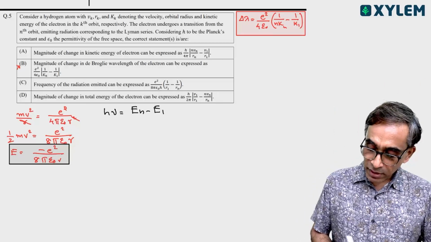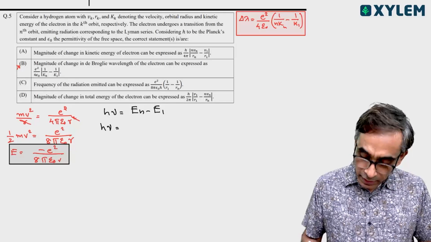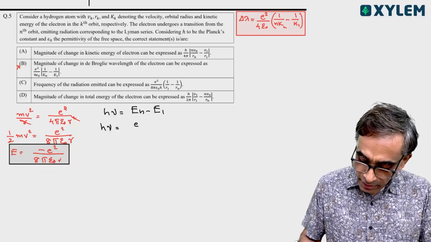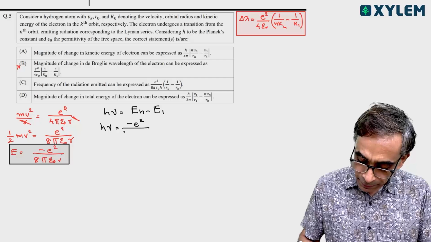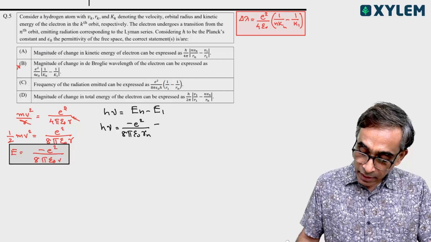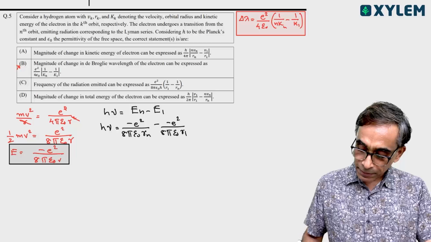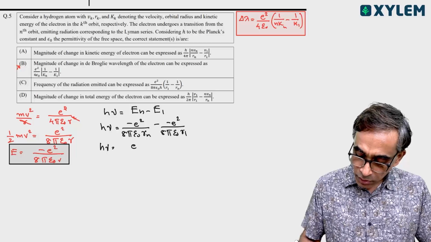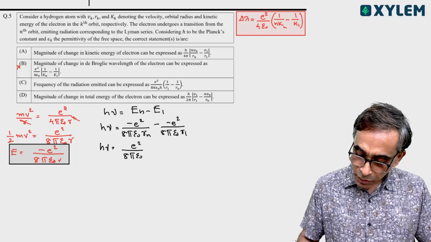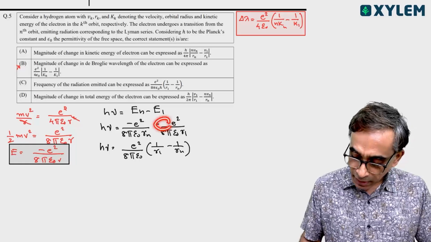Okay, we want the frequency. h nu equal to, in this term, which has the common terms, En means minus e square divided by 8 pi epsilon 0 Rn, minus, minus e square divided by 8 pi epsilon 0 R1. h nu equal to e square by 8 pi epsilon 0 bracket 1 by R1 minus 1 by Rn, because this minus and minus become plus.